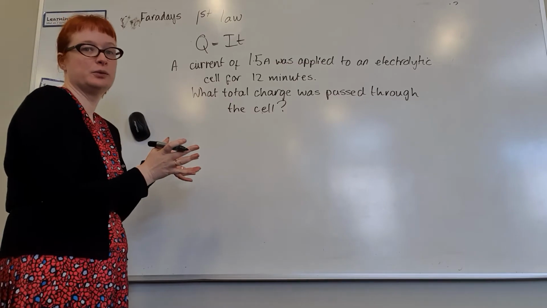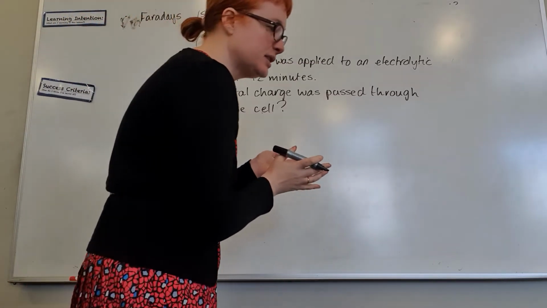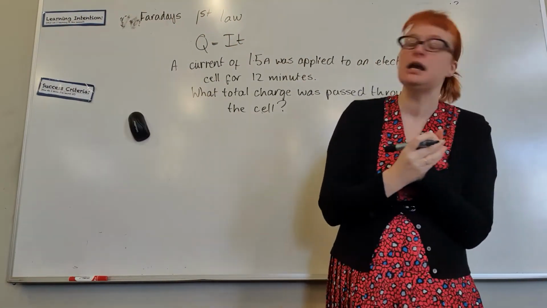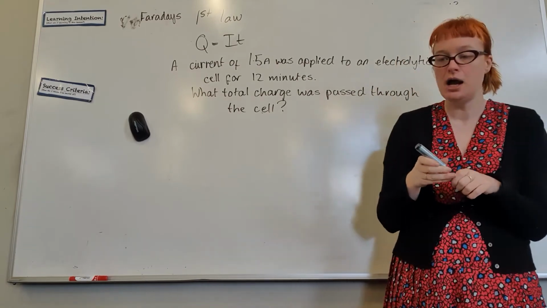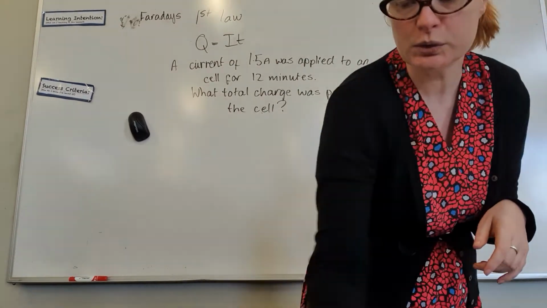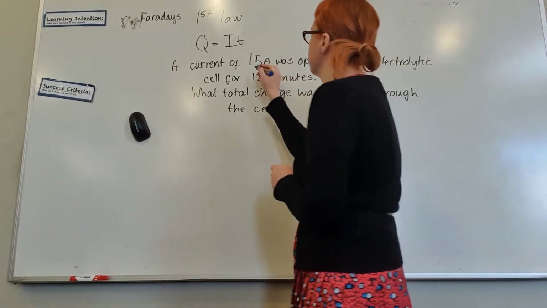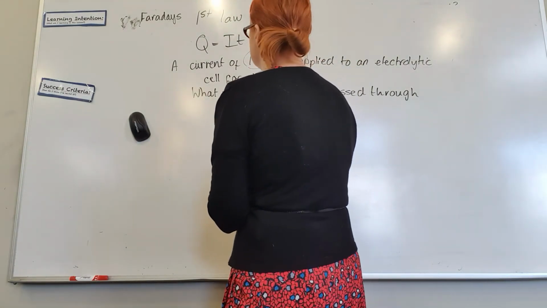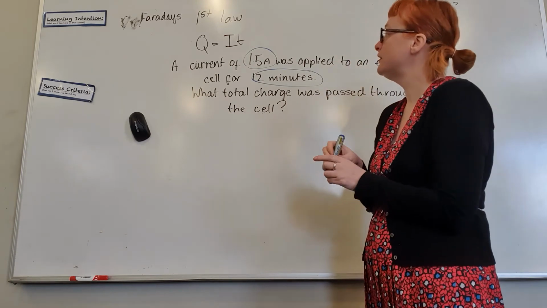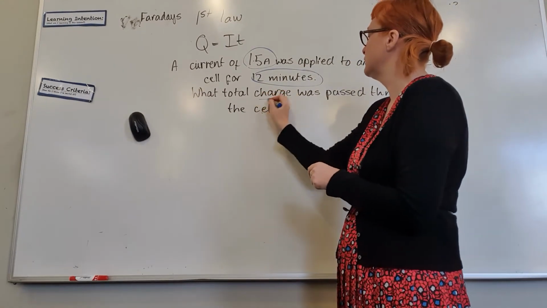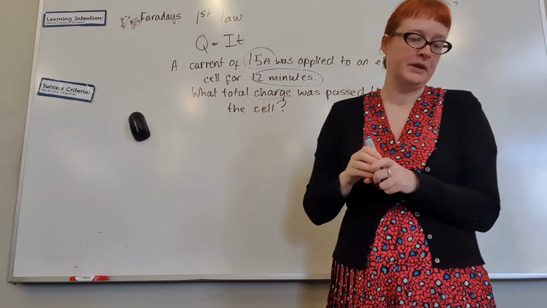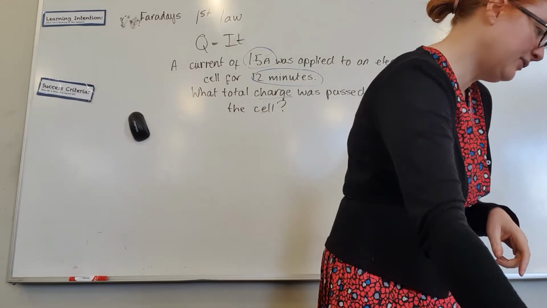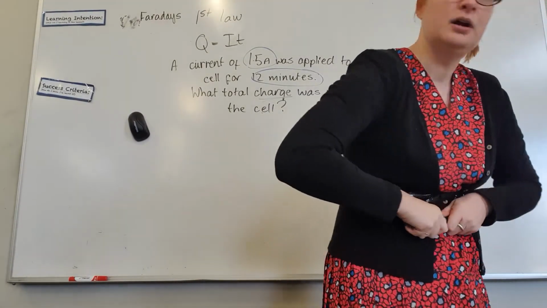What total charge was applied? So the way we do this is, what's it asking and what information do we have? Highlighters are going to be useful. So we've got these two values and what we want to find is that.